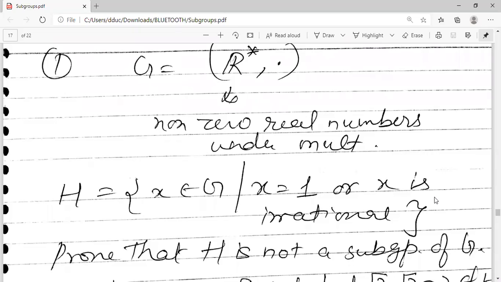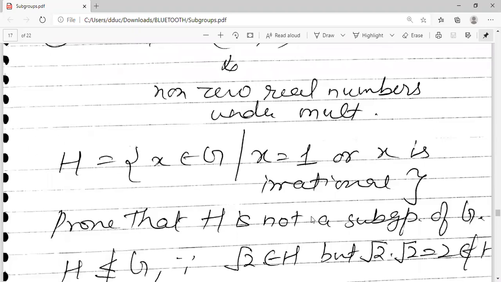So what is the defining property of the elements of H? That the element is either equal to 1 or it is irrational. All those elements of G which have this property are in H. Now we have to prove that H is not a subgroup of G.